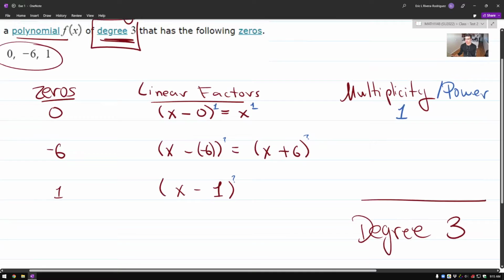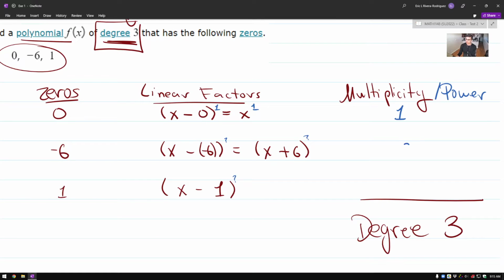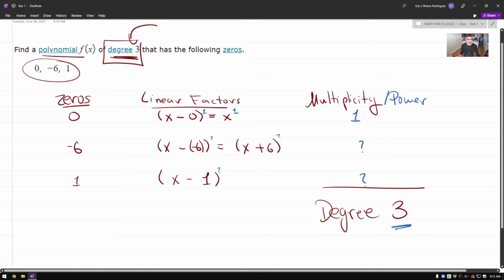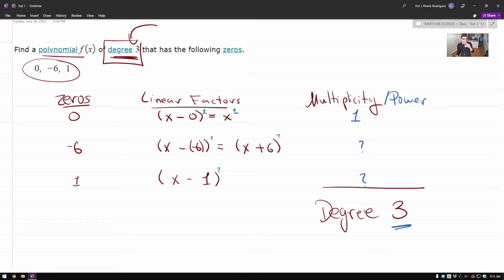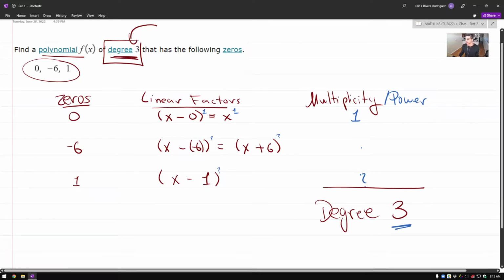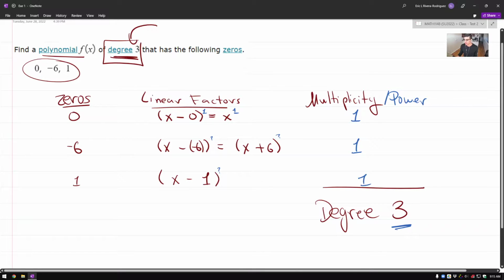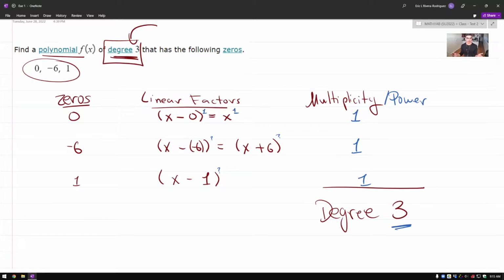What are the other two numbers that we can put here so that when we add these three numbers together, we get a value of 3? What possibilities do we have? 1 and 1, correct? So there's no more room here. We have 3 linear factors, and its degree is 3.